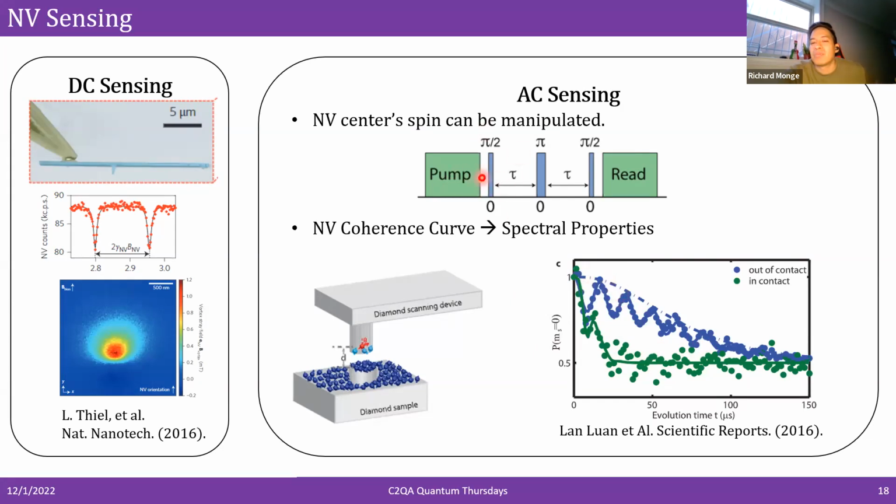By implementing this protocol, they are imaging the fluctuating magnetic fields from that nearby diamond surface. Then the spectral properties from the surface electron spins can be extracted from these decoherence curves. And by using the mentioned techniques, we investigate the source of noise responsible for the probe's decoherence using a nearby high temperature superconductor. So this is where I get into my work.